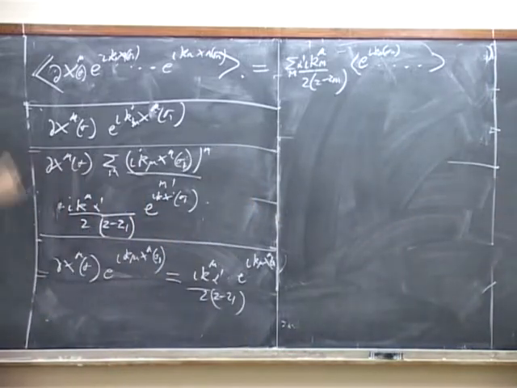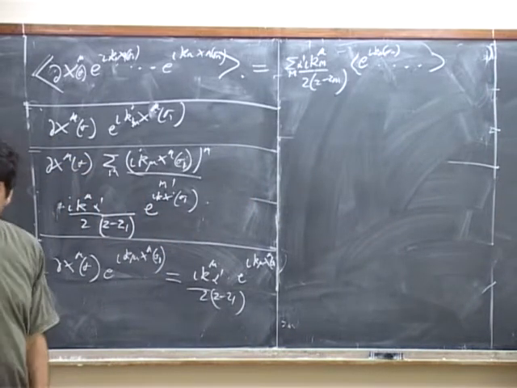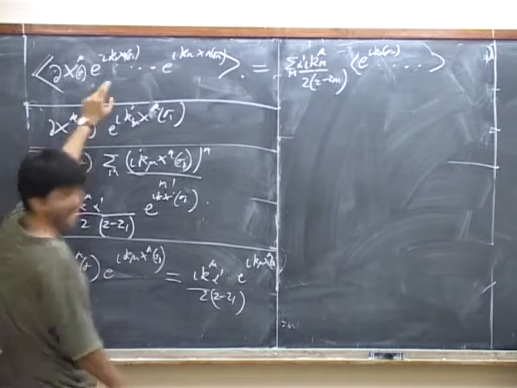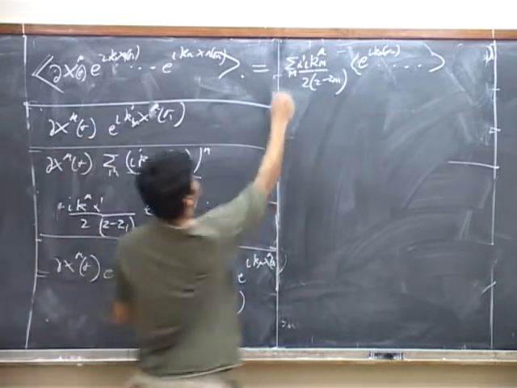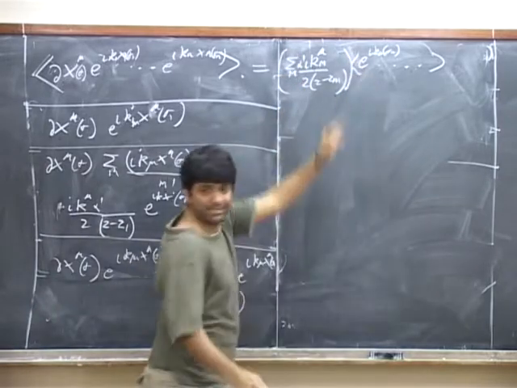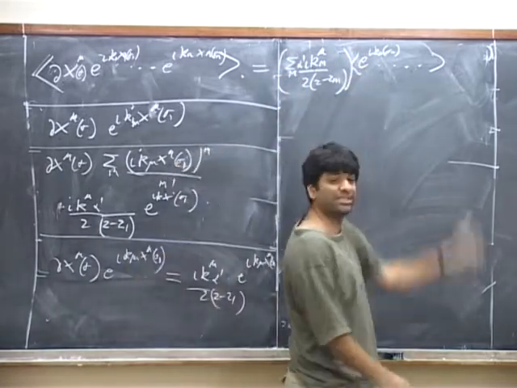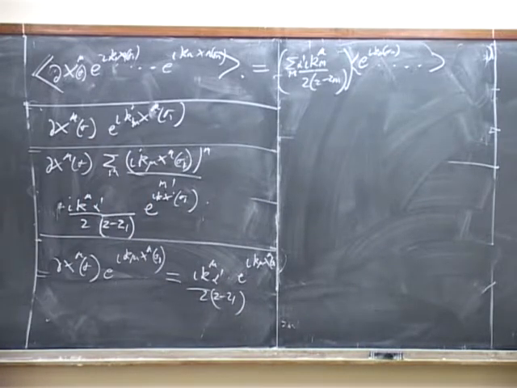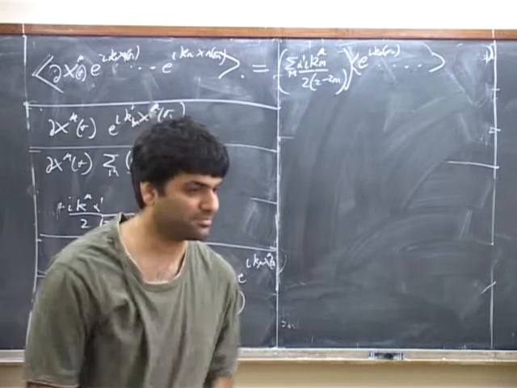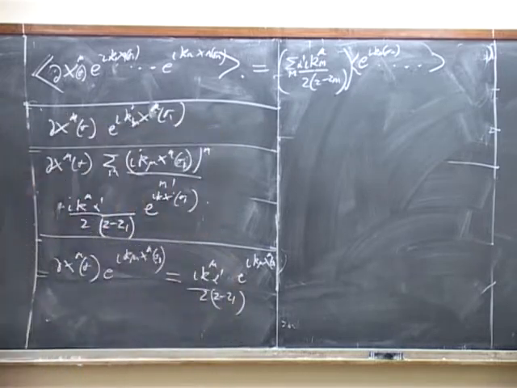So we've concluded that, although we haven't been able to calculate this correlation function, we can relate it to the correlation function without the insertion of a ∂x. So we've got a nice equation that relates the correlation function with the ∂x inserted and the correlation function without it.